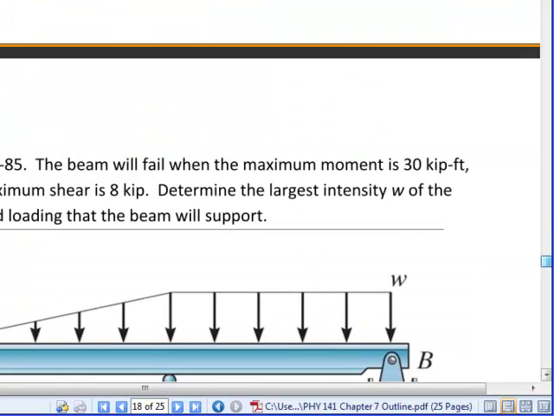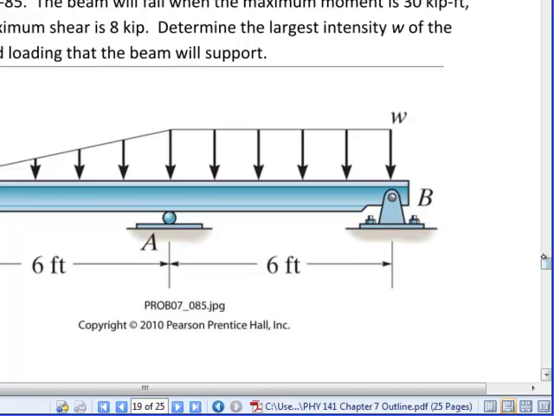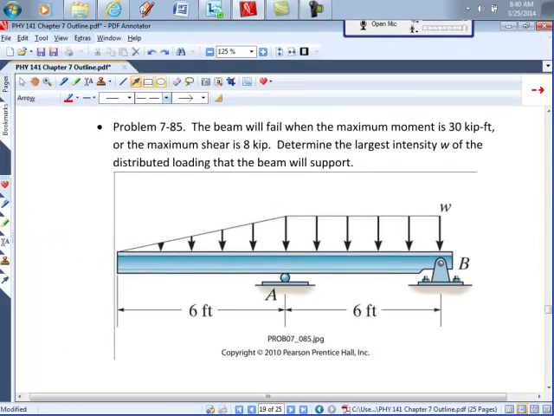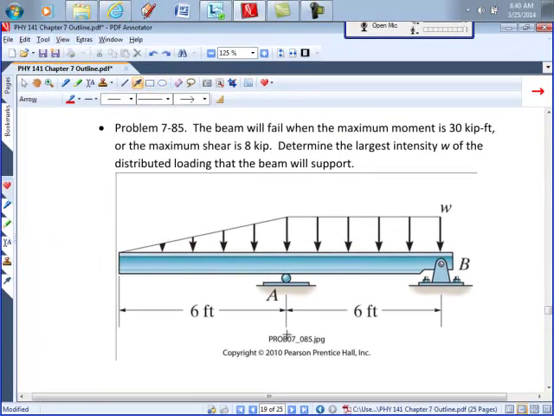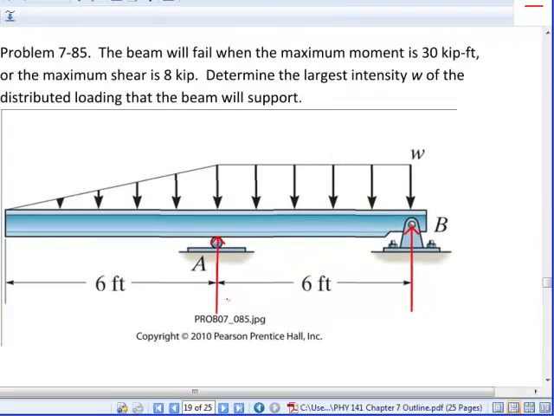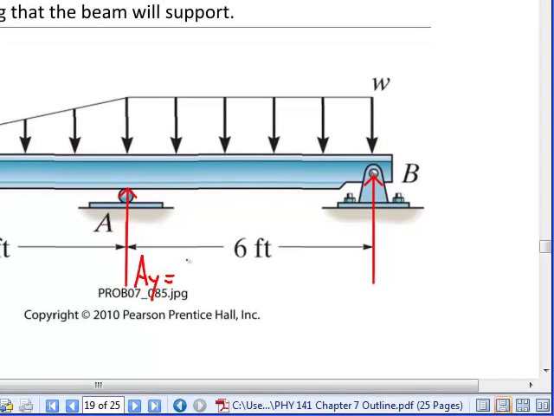I've cloned this page so we can just go and put those forces over here. We had AY equals 7W.